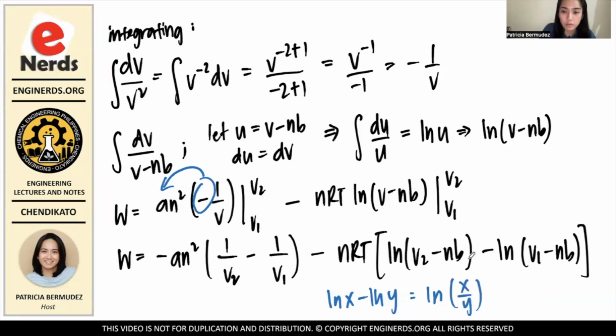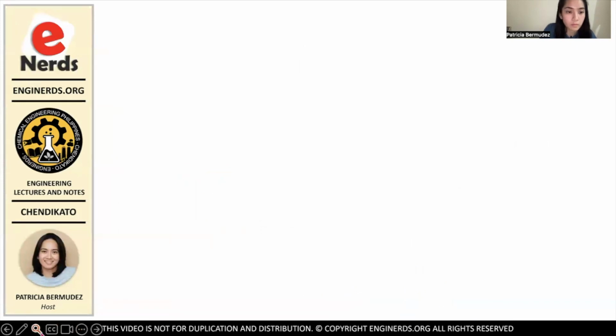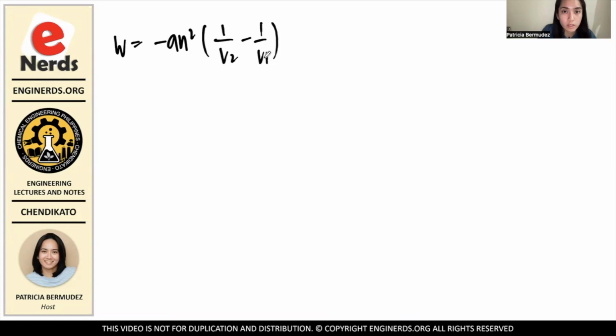So our work, again, is equal to negative a n squared times 1 over v2 minus 1 over v1 minus nRT, and then multiplied by ln of v2 minus nb over v1 minus nb.